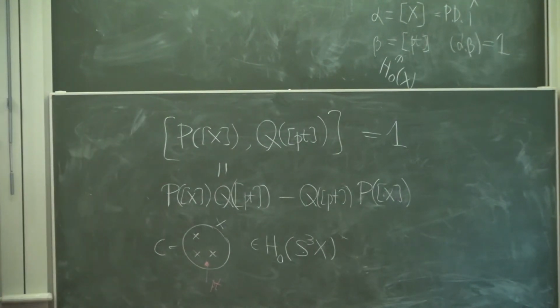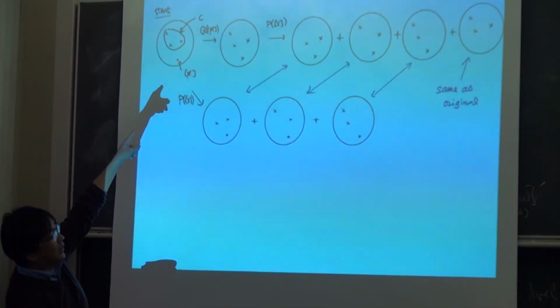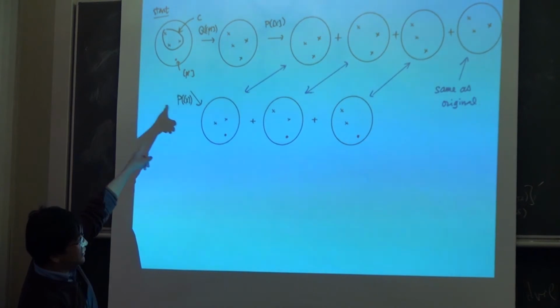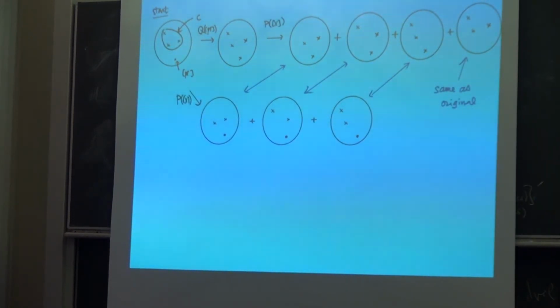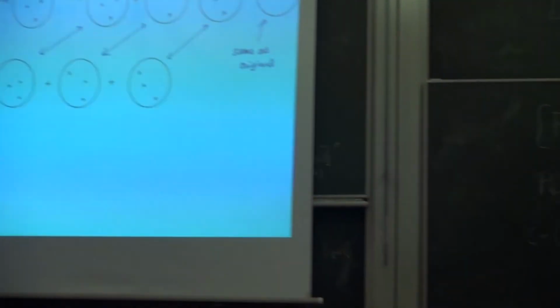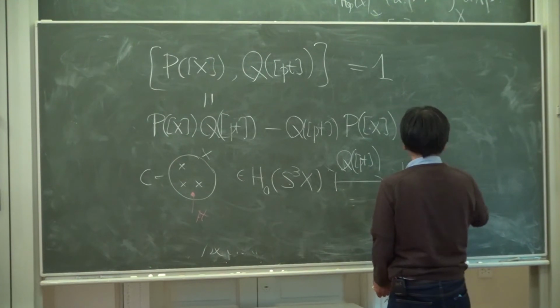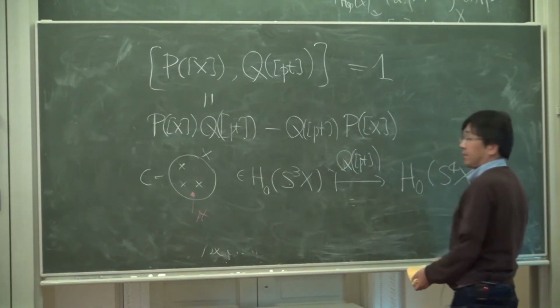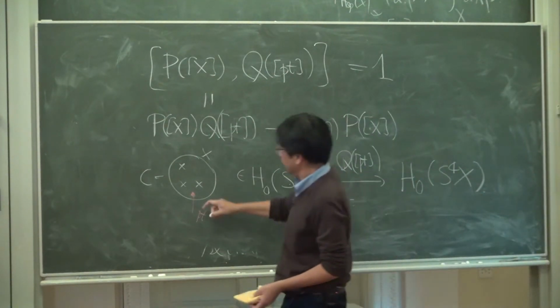So I first apply Q. Q is a creation operator, and it is colored by this point class, which means that this is mapped by Q of point into H0 of S4 of x.